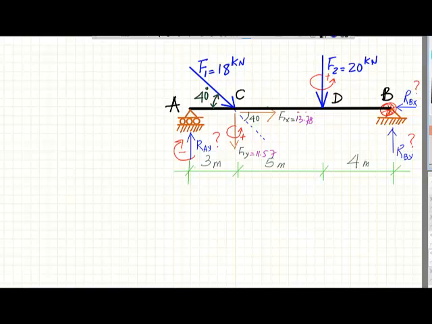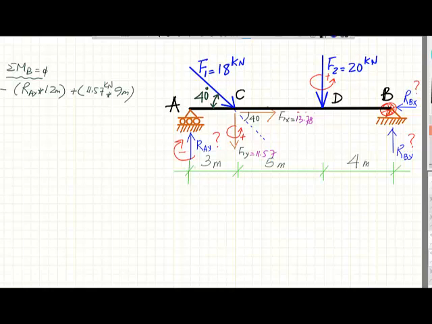Now let's do the calculation. We'll do the sum of all moments about point B is equal to 0. This starts with minus RAY multiplied by a distance of 3 plus 5 plus 4, which is 12 meters. Then we have the F1y component, which is positive, plus 11.57 kilonewton, and the perpendicular distance between F1y and point B is 5 plus 4, which is 9 meters.